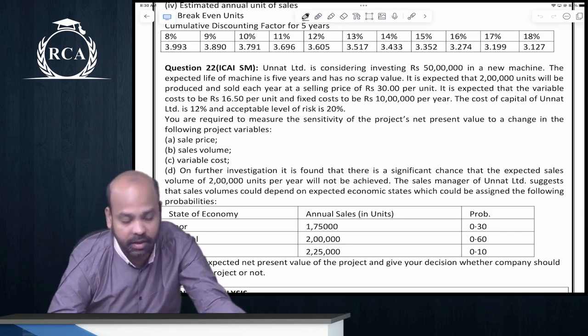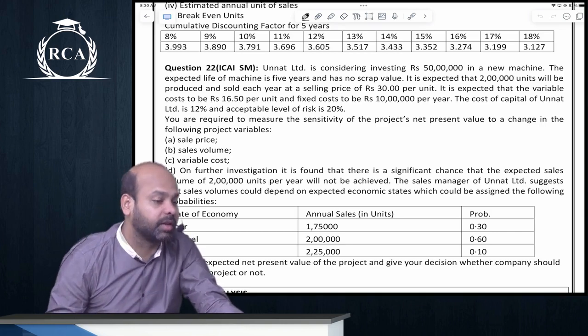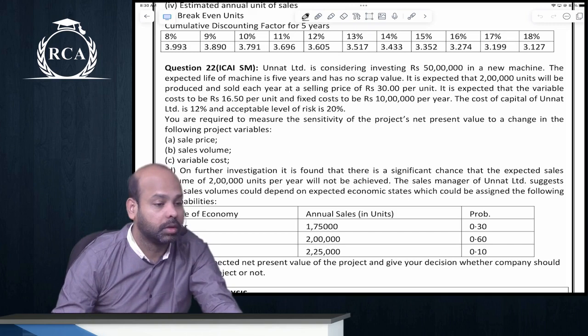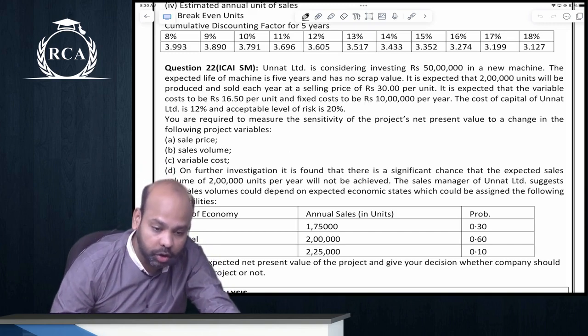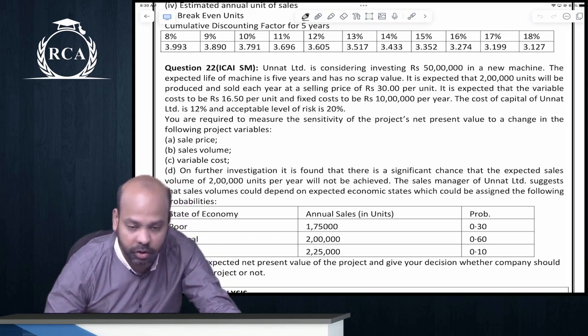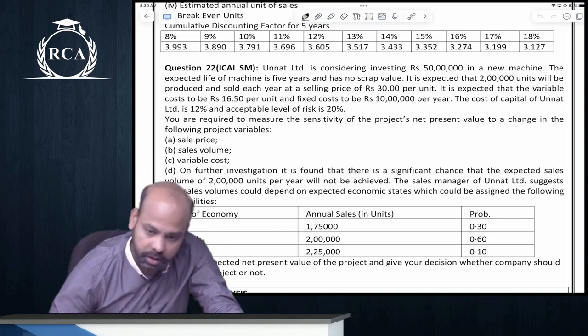All right. Shall we start, guys? Because nothing is given, which approach will you follow? NPV should drop down to 100%. Zero beta, should drop down by 100%. All right. Start, guys.